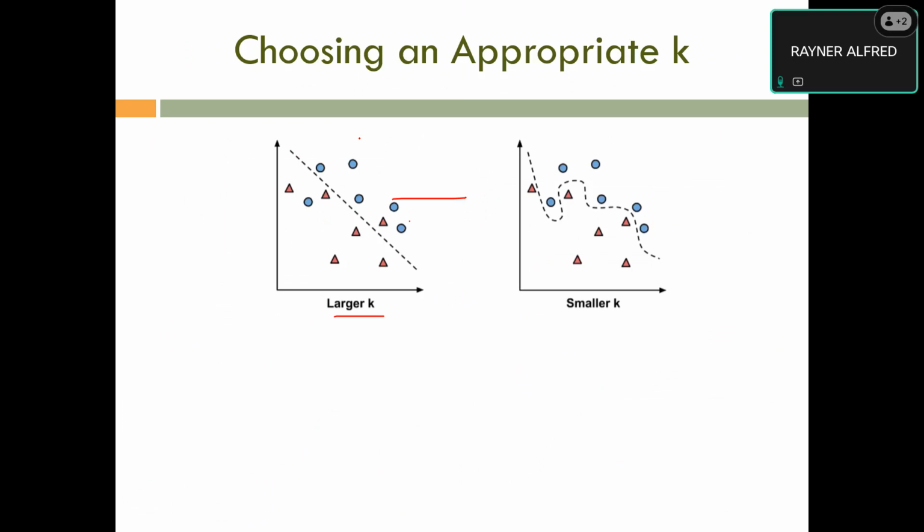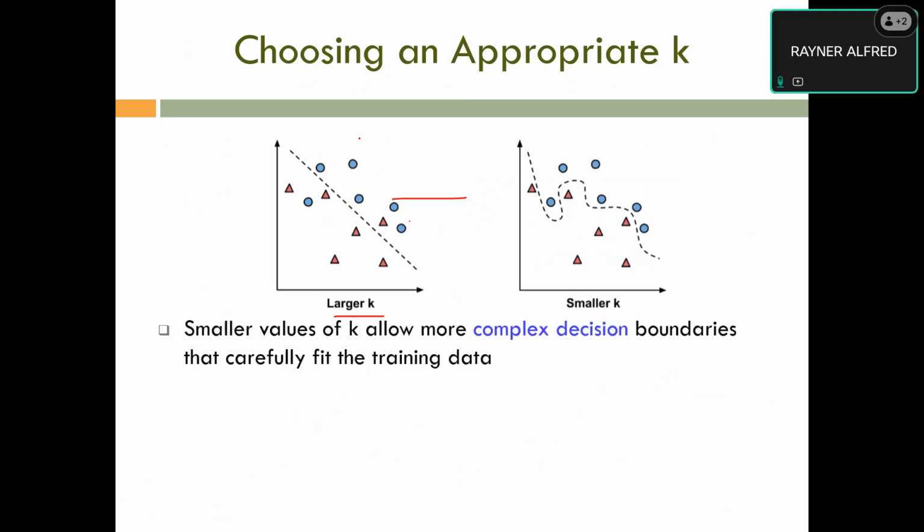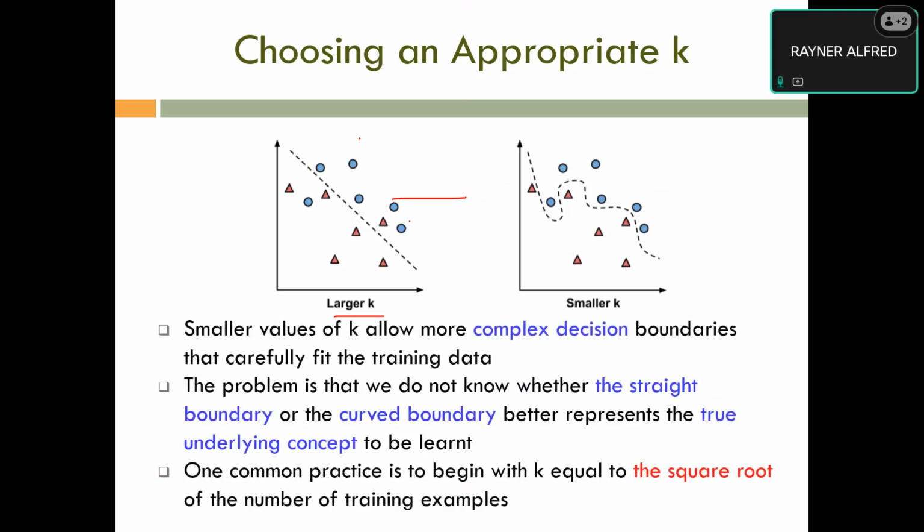So that is underfitting. But if you have a smaller K, you will have overfitting. Overfitting means during the training high accuracy, but during the testing low accuracy.